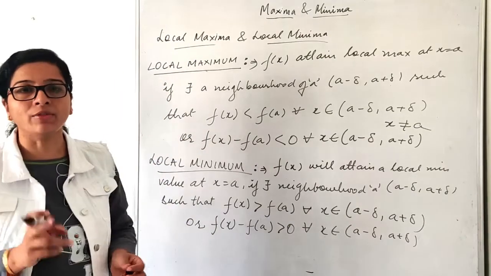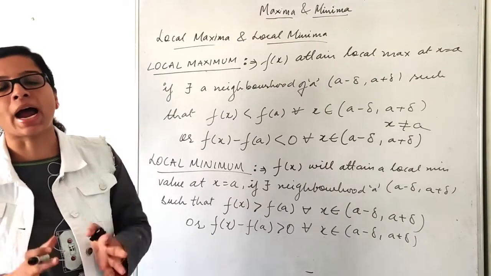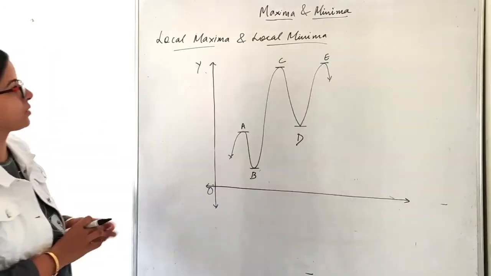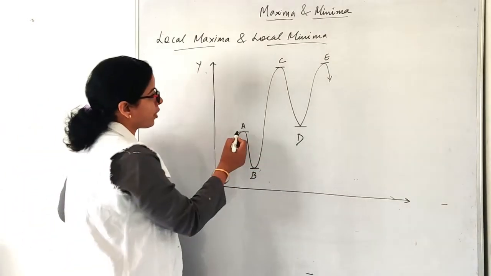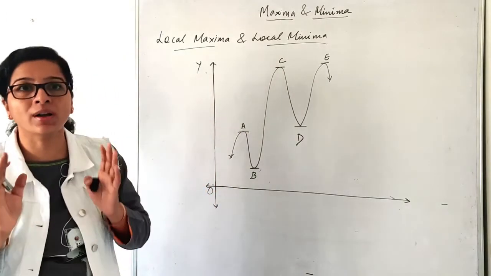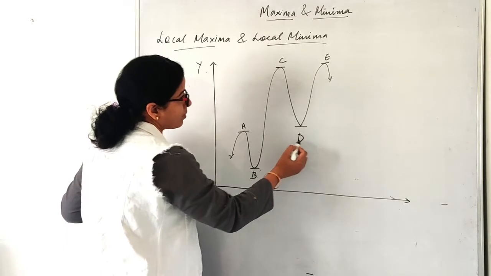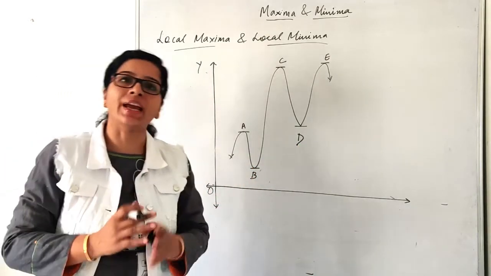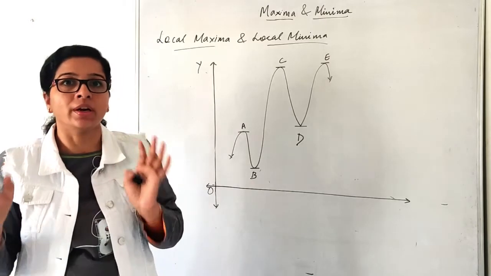Let us take one graph which will clearly tell you what local maximum and minimum value are. So now let us take this graph. If you observe, the points A, C and E are the points of local maxima, right? And B and D are local minimum points. So a function can have any number of local maximum or local minimum points, right?